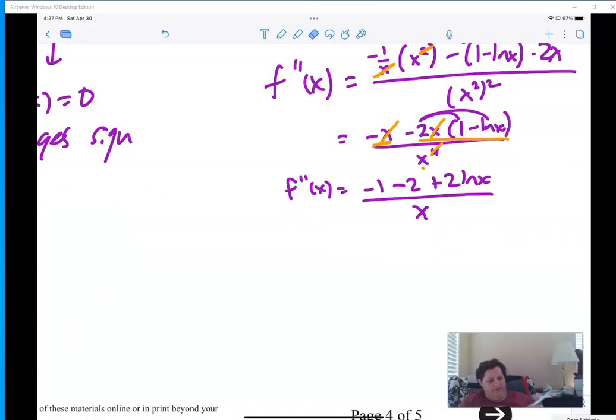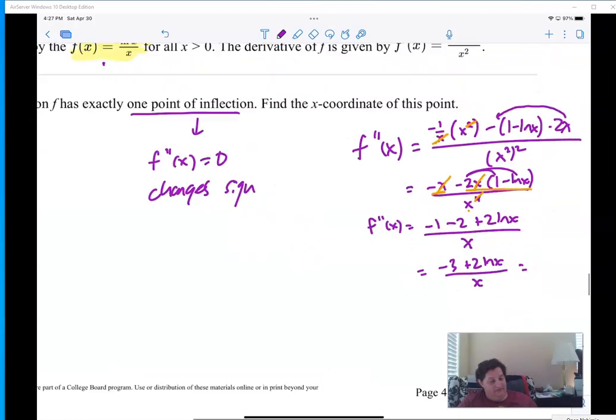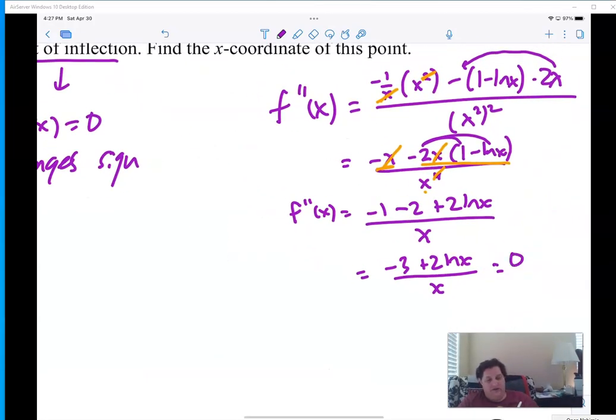And you guys, when I'm looking for inflection points, I guess I could simplify this a little more. Negative 1 and negative 2 is negative 3. Now I see why they gave me the first derivative, because that was enough of a pain. Now, here's the deal. When you're doing a second derivative and you have a fraction, like let's say you're making a sign line graph, where the top equals 0, that's definitely a point on your sign line graph.